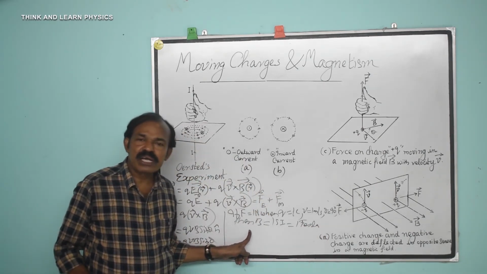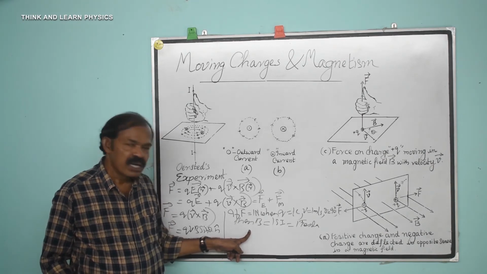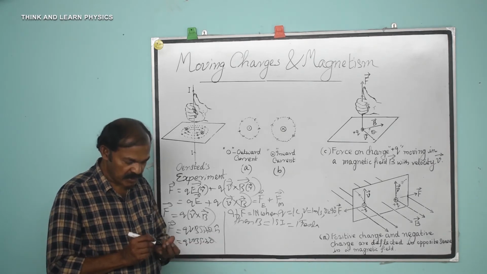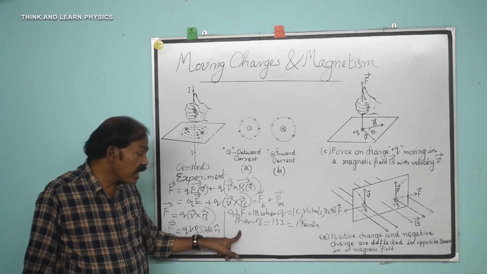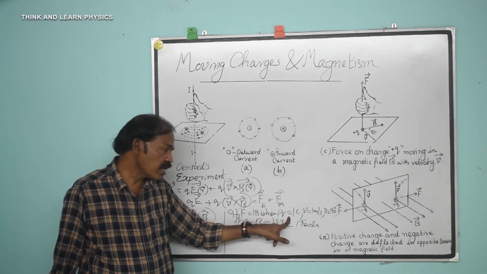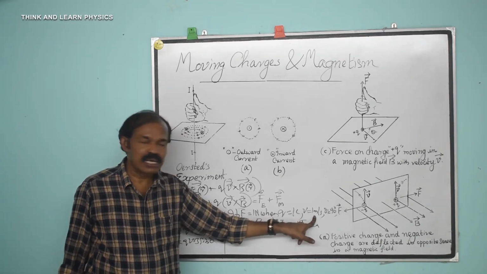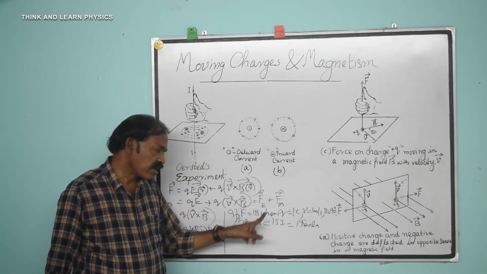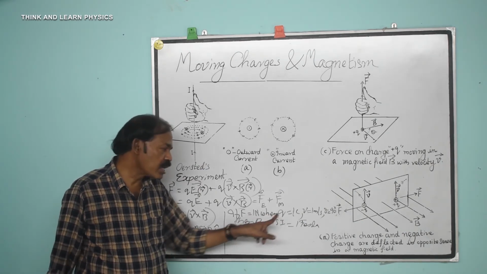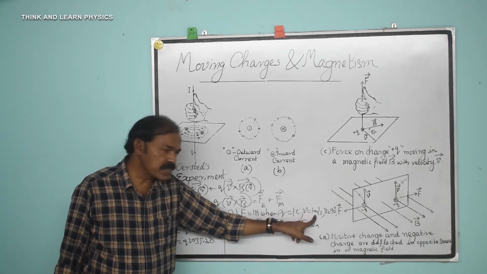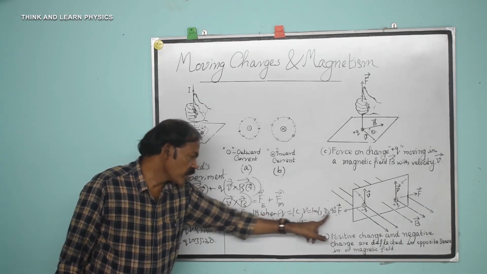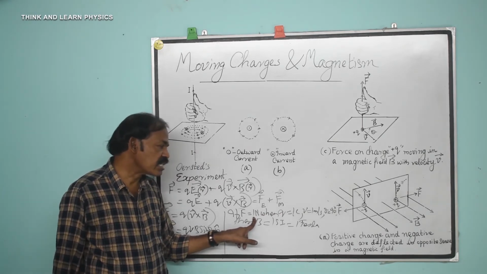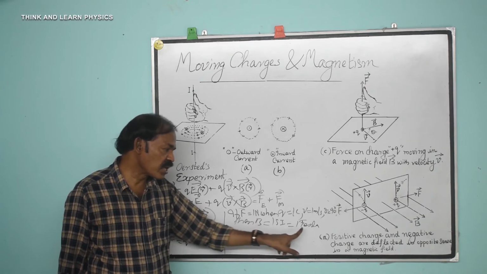So the unit of magnetic field may be defined as follows. If the force acting on a charged particle of charge 1 Coulomb moving with a velocity of 1 meter per second perpendicular to a magnetic field is 1 Newton, then that magnetic field is said to be 1 SI unit, or 1 Tesla.